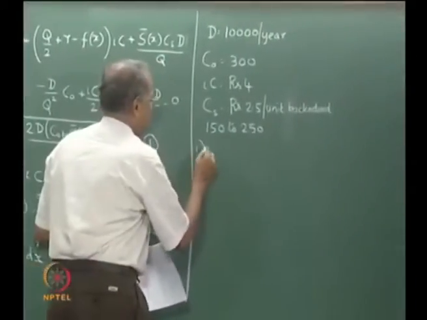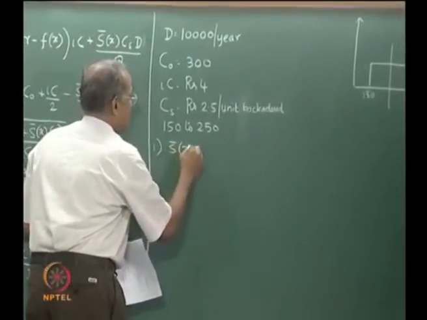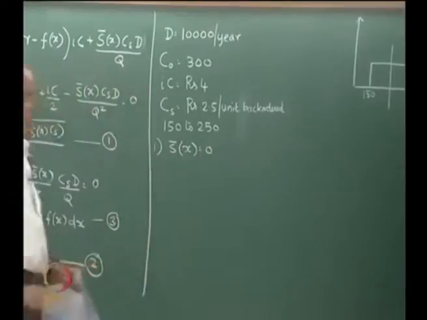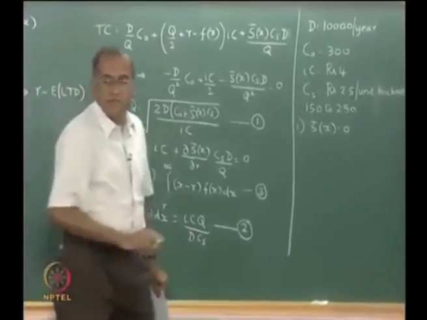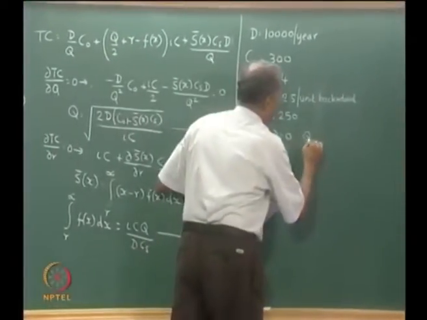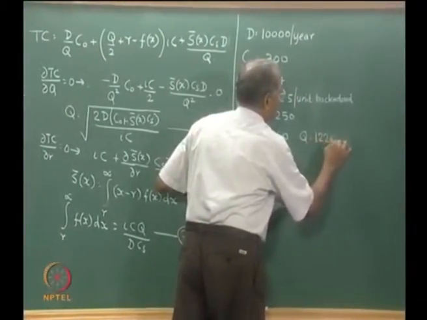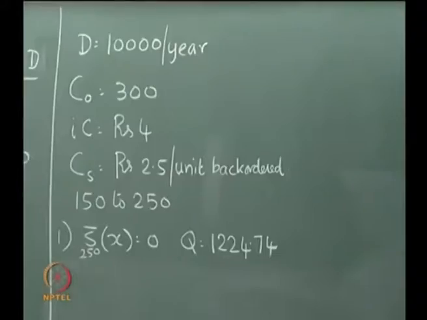So, iteration 1. S bar of x equal to 0 would mean Q equal to root of 2 into D into C naught by IC. So, Q is equal to 1224.74. We have computed the value of Q, Q equal to 1224.74.